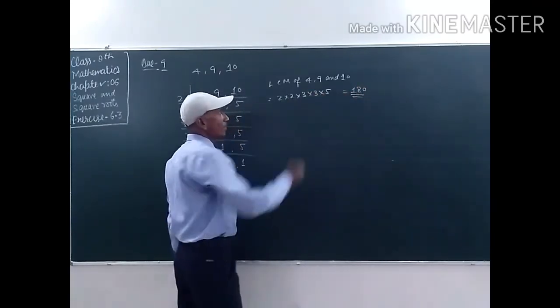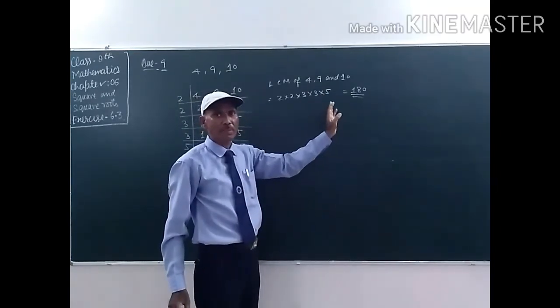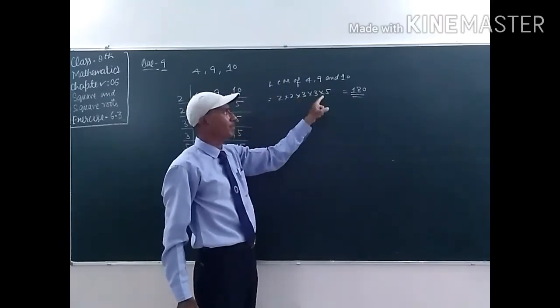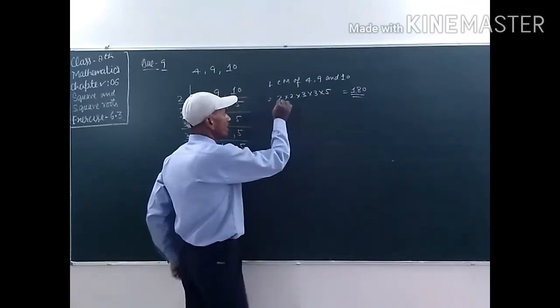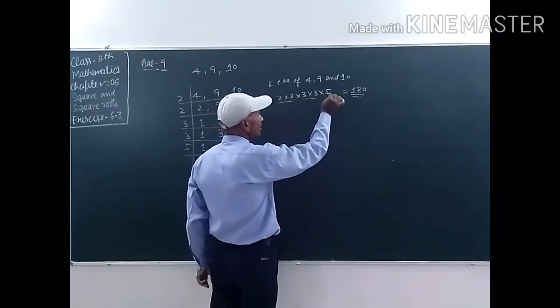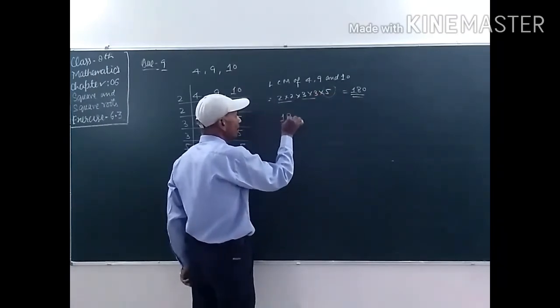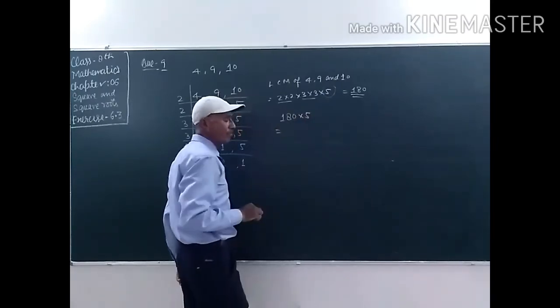But from this table we find that this number is not a perfect square, students. To make it a perfect square, we have to multiply this number by 5, because 5 is not in a pair. These numbers are in pairs, but this 5 is not in a pair, so we have to multiply this 180 by 5 to make it a perfect square.